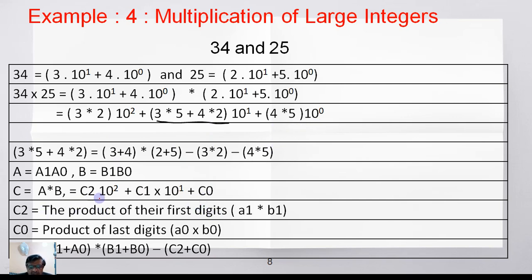So we will explain these notations. C2 equals the product of their first digits a1 and b1, like it happened, 3 into 2.